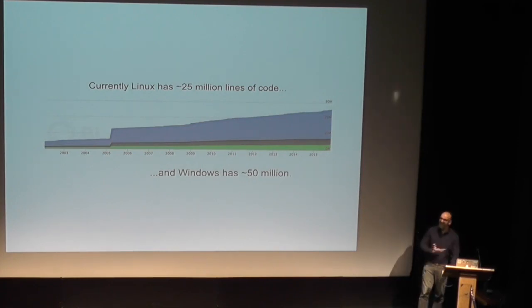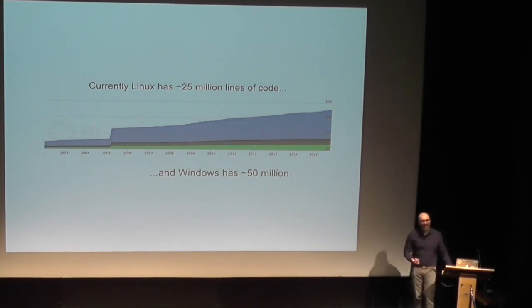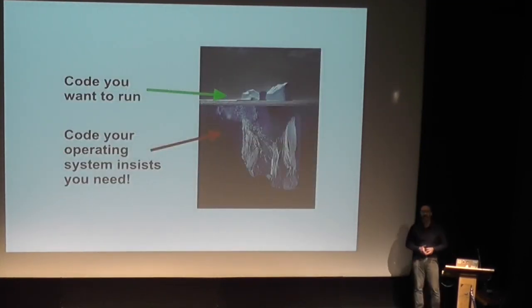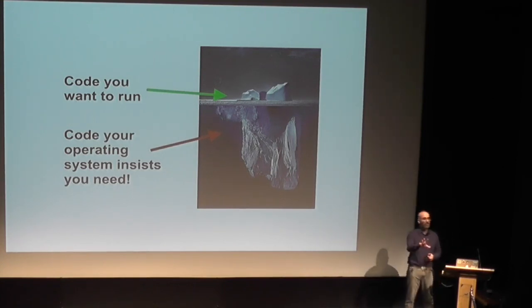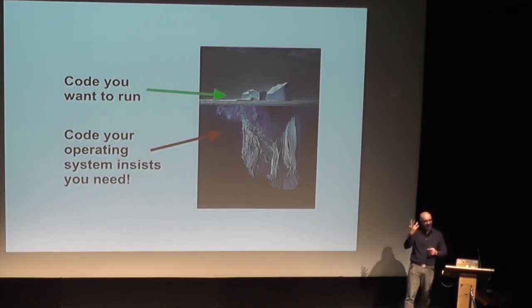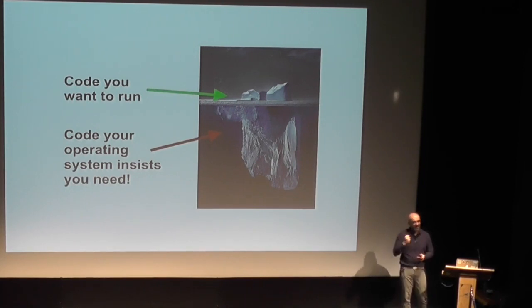So these systems are gathering steam, and the high-level thing I want to figure out is whether this is something that we're stuck with forever, or is there some way we can change the way that this works? And here's the fundamental problem. There's code that the vast majority of you in this room have written. You've typed it into your editor. It expresses the complicated logical algorithm that you're trying to build to get your job done.